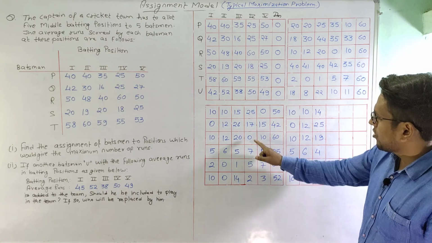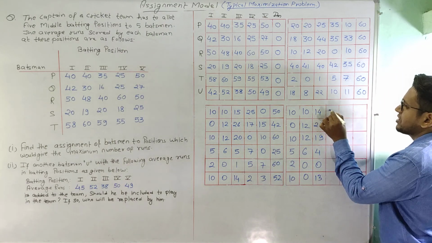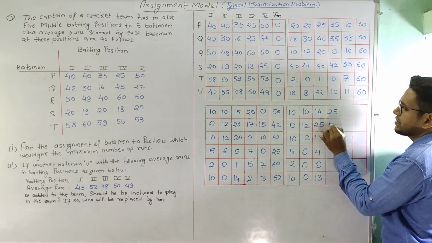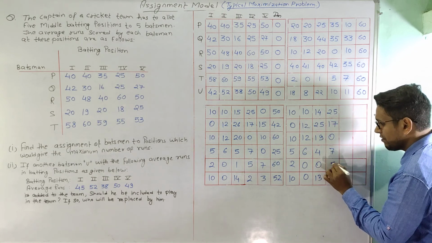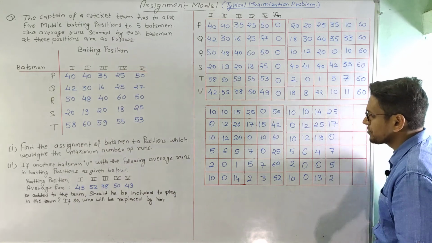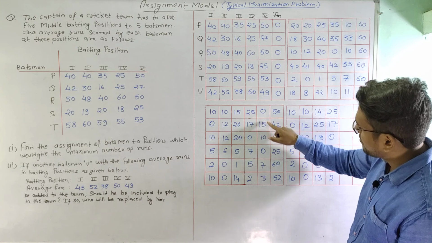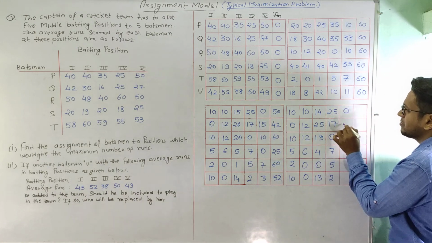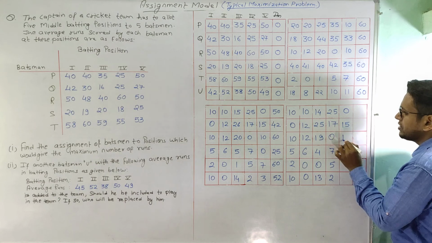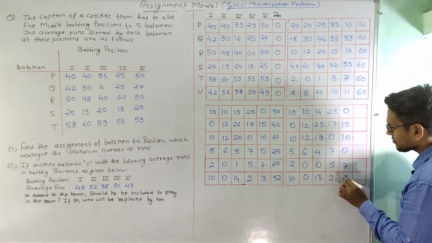Now for column 4 we have 0 here, so this will remain as it is, 25, 17, 0, 7, 5 and 2. Now moving on to column 5, we can see that there are zeros in this column, so this will also remain the same, 0, 15, 10, 0, 7 and 3.